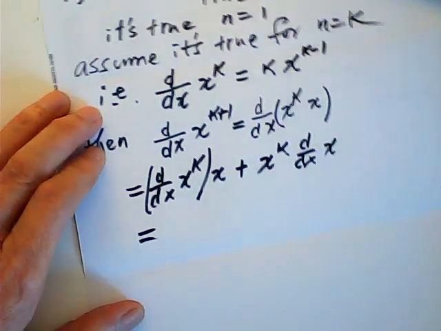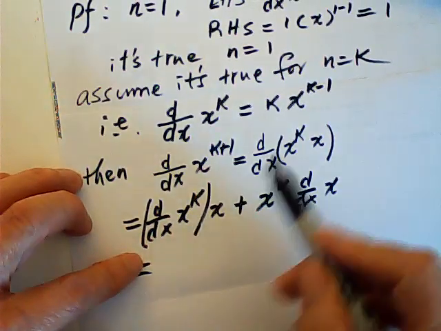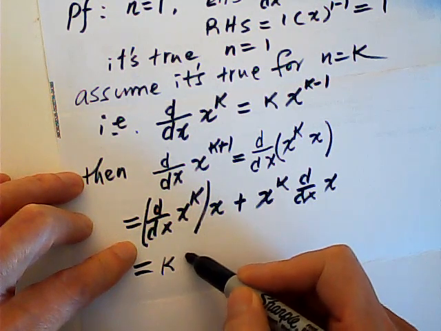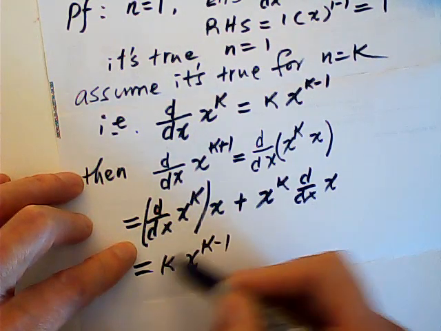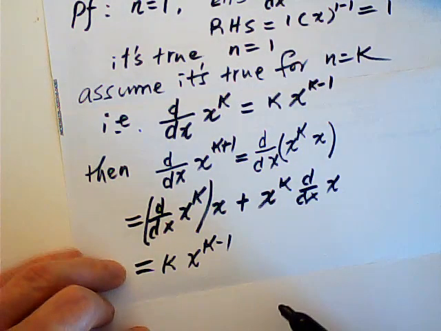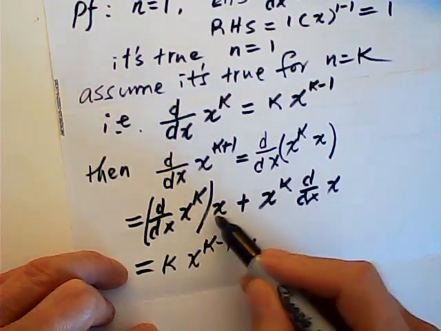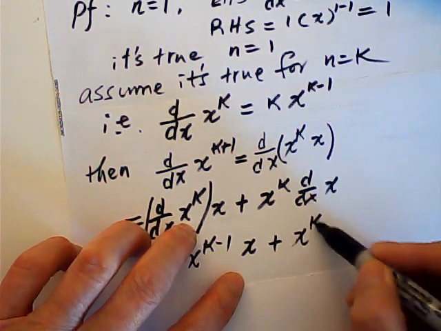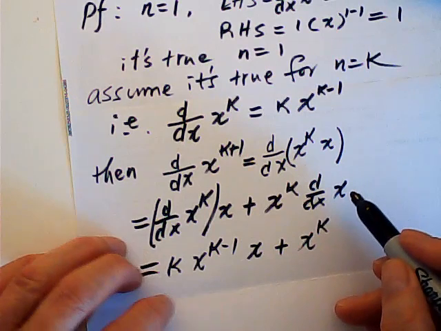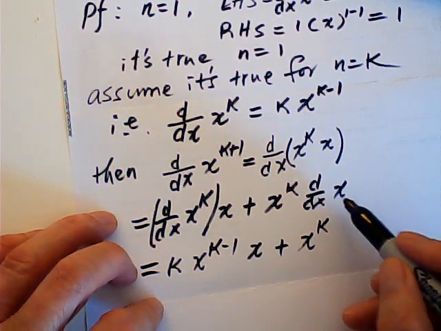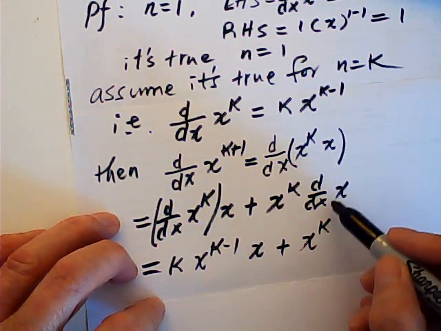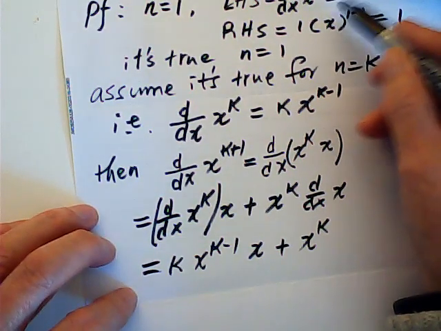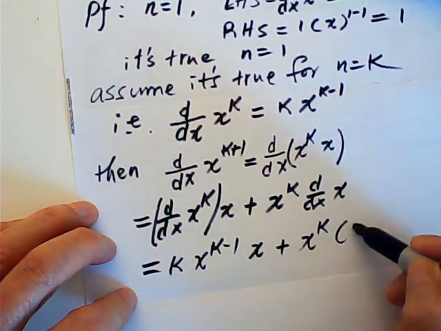And according to the assumption, this one is equal to k times x to the power of k minus 1, that is the assumption, times x, plus x to the power of k times, excuse me, that is the n equal to 1 case, right? So this is equal to 1.